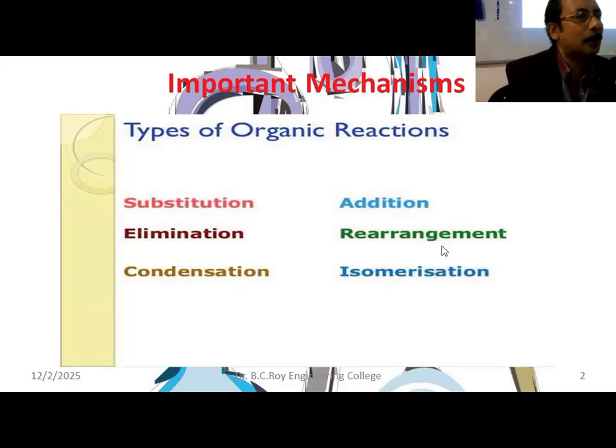Isomerization means one isomer to another isomer, and rearrangement means the structure gets changed and it is not becoming the same molecule anymore. It is a different type of molecule, like branching of a straight chain hydrocarbon. Originally it is a straight chain hydrocarbon, like n-hexane. It is becoming isohexane. n-pentane becoming neopentane. These types of things are called rearrangement reactions.